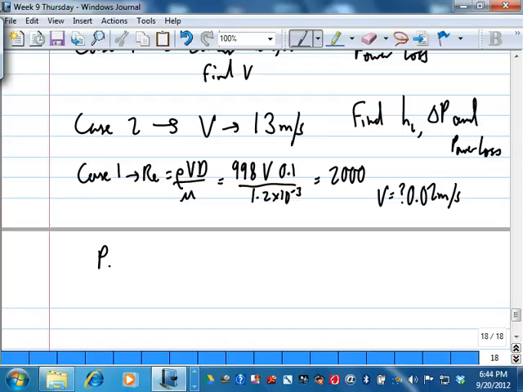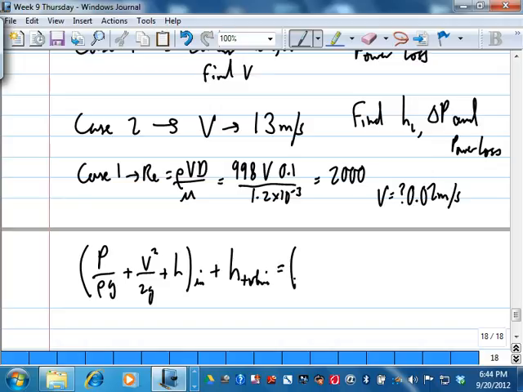P in over rho g plus V squared over 2g plus H pump, plus head turbine, is equal to P out over rho g plus V squared over 2g plus H loss plus head pump turbine.